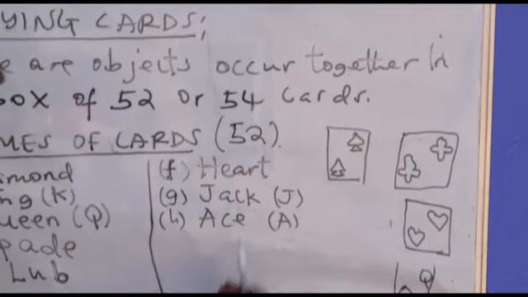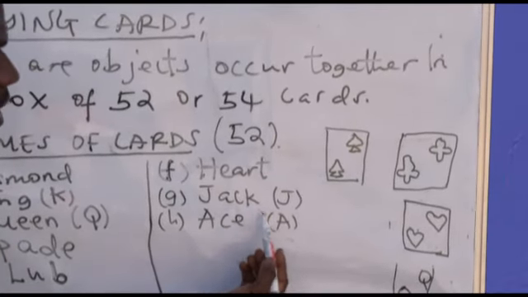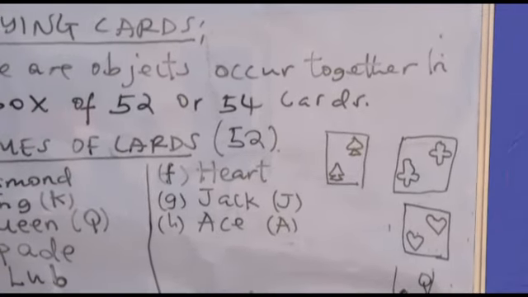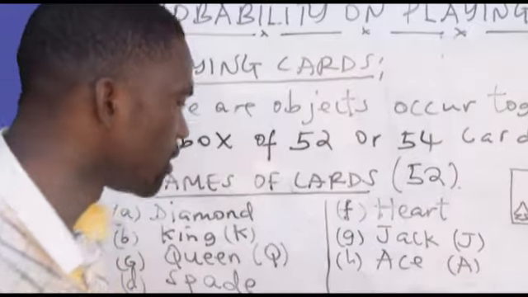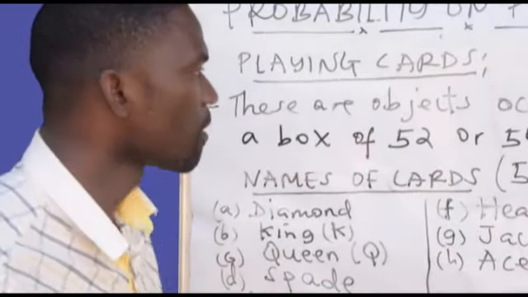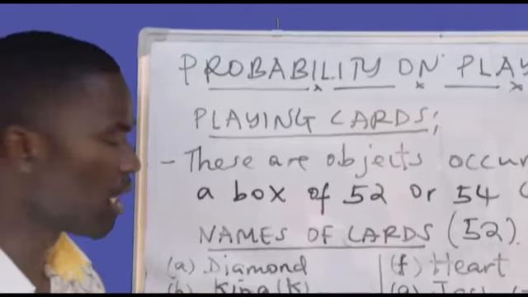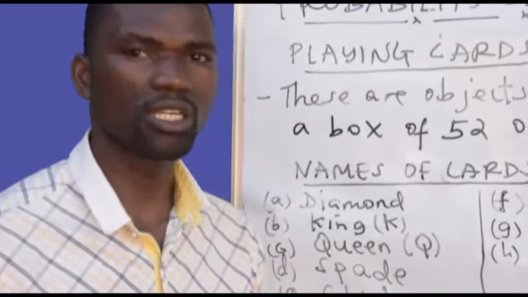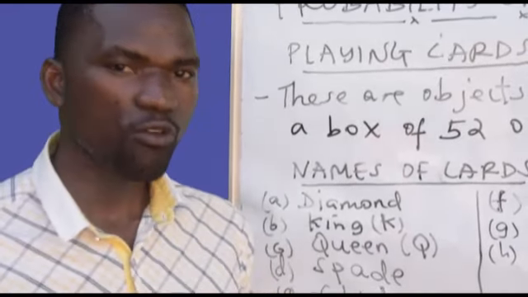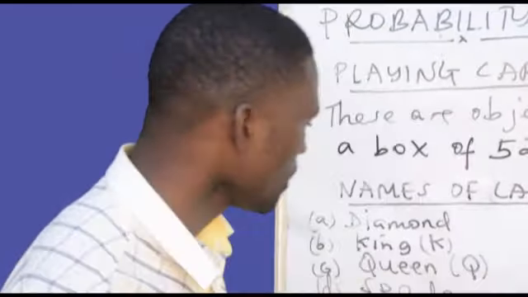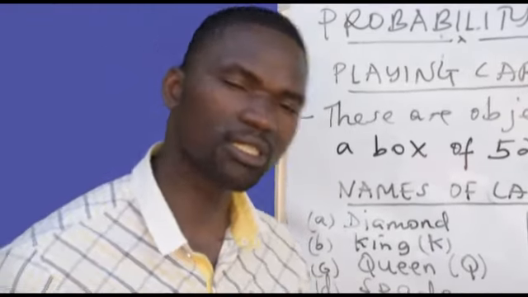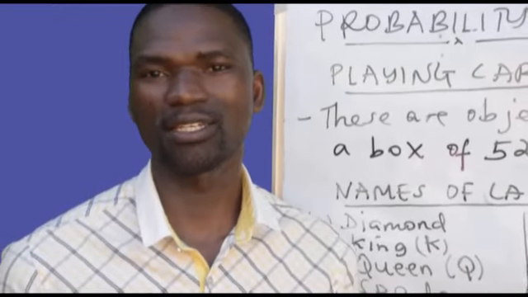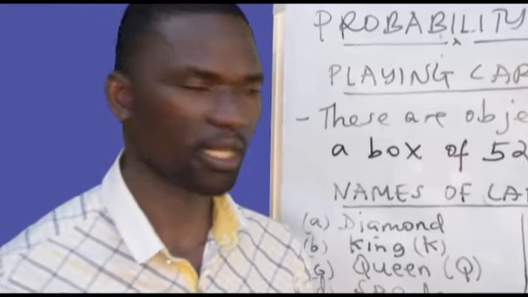And another card is jack card, and it is identified by the letter J. Another card is an ace. An ace card is identified by having the letter A. So these are names which appear on playing cards, and these cards are always used to make predictions, and with prediction others take advantage and go further to do gambling. And others who are not interested in gambling always use those cards to make fun, at least to find time to be happy with that kind of playing.